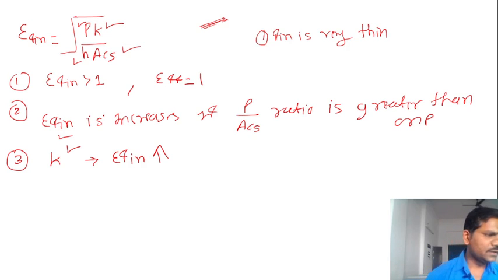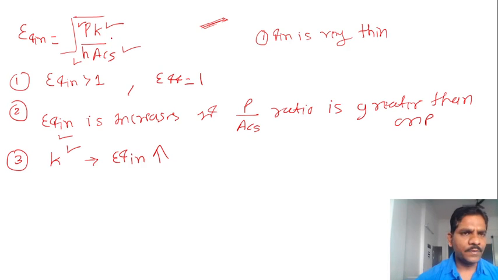Now another point. If you consider, it is also apparent that the use of fins will be more effective with materials of large thermal conductivity. Okay, means this effectiveness depends upon K also. Copper is superior to aluminum from the thermal conductivity point of view.